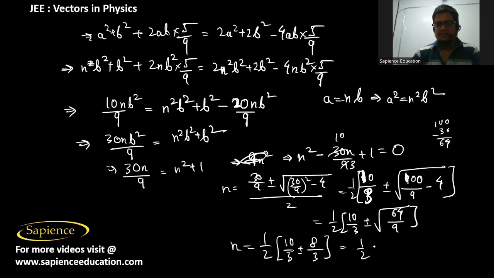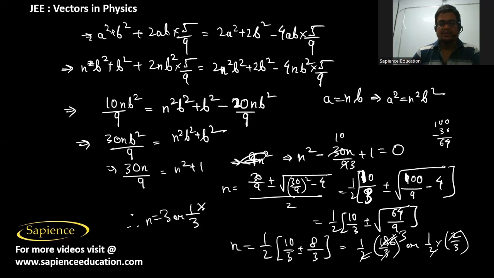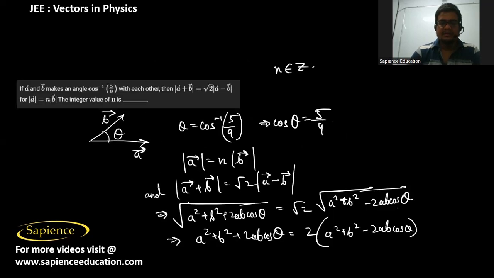So this will be half of 18 by 3, or half of 2 by 3, so n can be 3 or n can be 1 by 3. Therefore 1 by 3 we should not take, since n should be an integer. So n should be equal to 3. The integer value of n is 3. 3 is the answer.